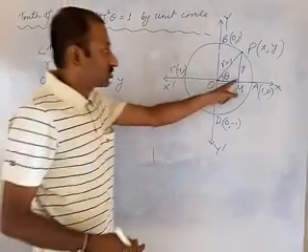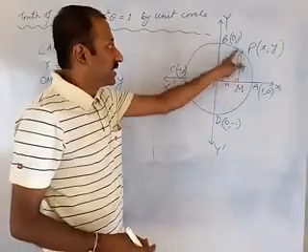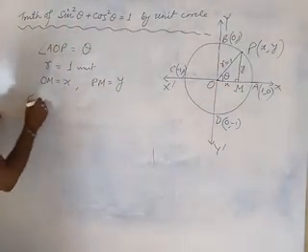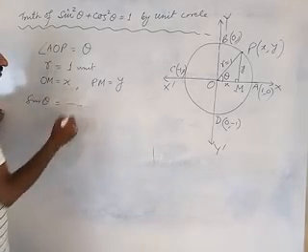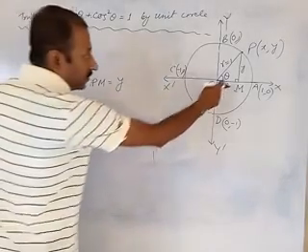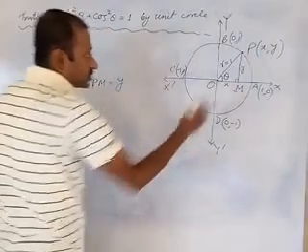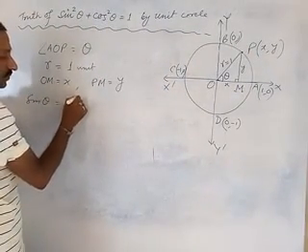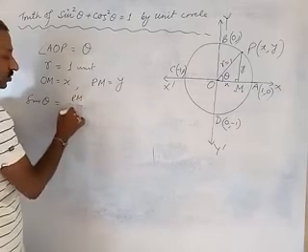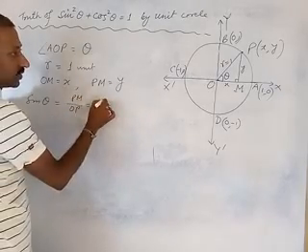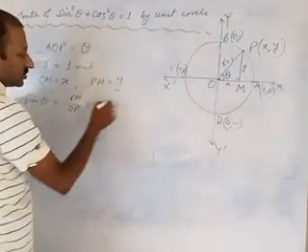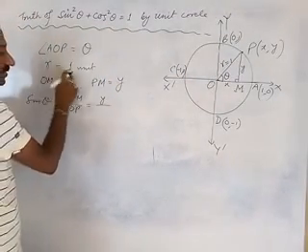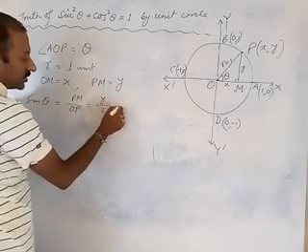Now in this right triangle, sin theta is what? Perpendicular by hypotenuse. What is perpendicular here? PM. What is hypotenuse here? OP. So this equals, what is PM considered? Y. And what is OP considered? OP is nothing but radius R. And what is the value of R?